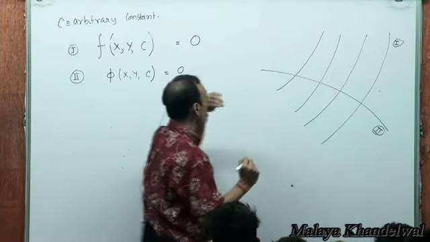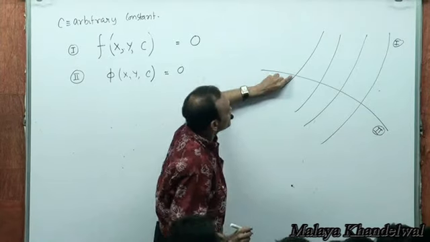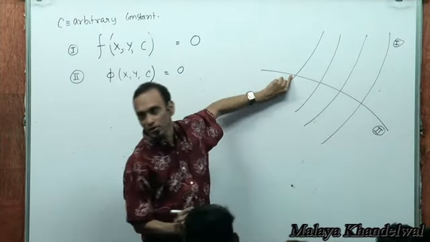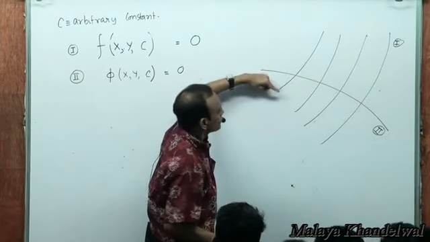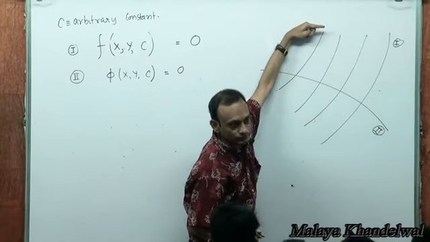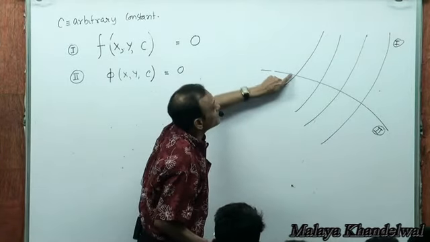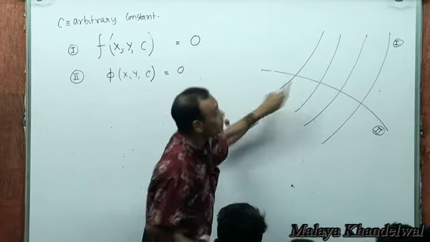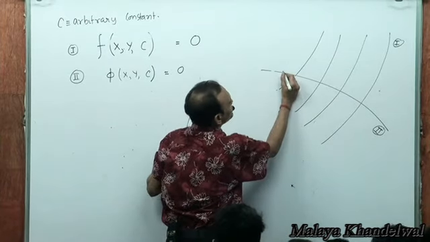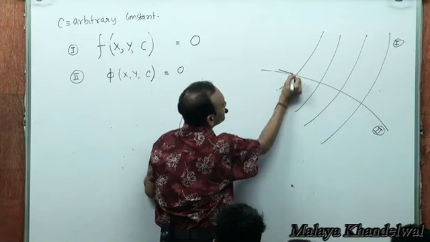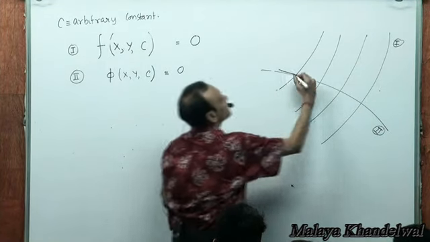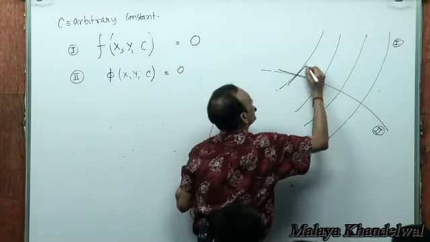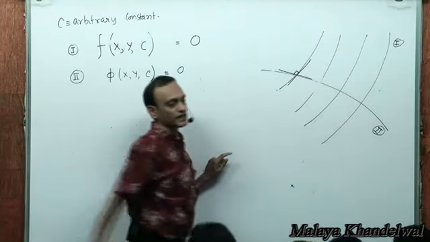What that means is, this is a member of family 2, and this is a member of family 1. When I say that this curve cuts this curve orthogonally, what it means is the tangent to one curve at the point of intersection is perpendicular to the tangent to the other curve at the point of intersection.